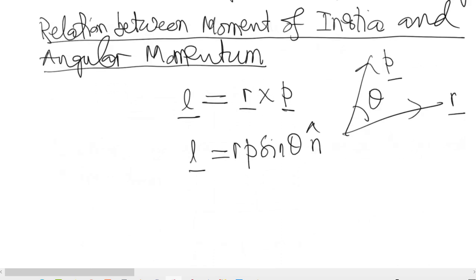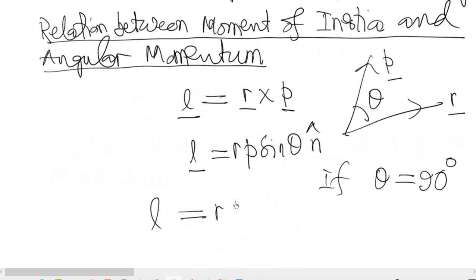In particular, if theta is 90 degrees, then L can be written as r p, because sine 90 degrees equals 1.